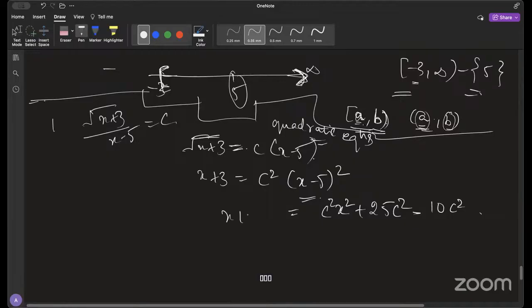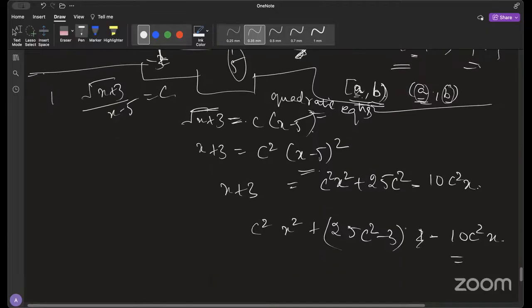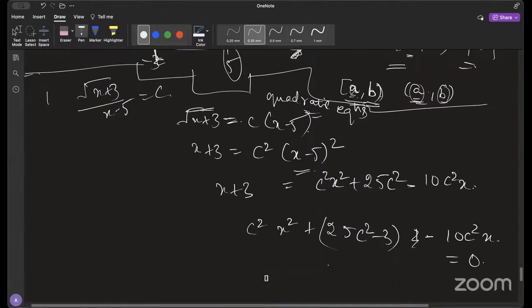Then you take x on this side, and you will get c square x square plus 5 c square minus 3, and then you'll have a negative sign, minus 10 c square x equals 0.